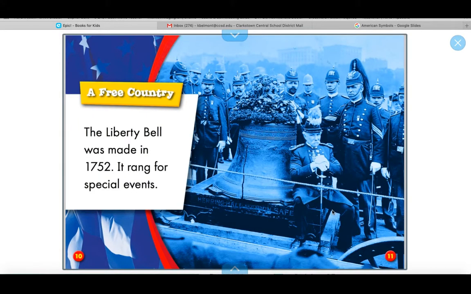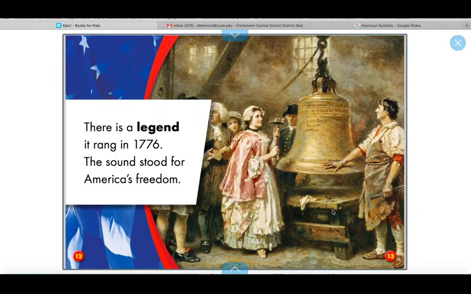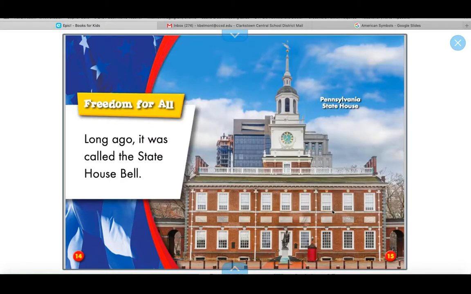A free country. The Liberty Bell was made in 1752. It rang for special events. There is a legend it rang in 1776. The sound stood for America's freedom. Remember that freedom from England. Freedom for all.